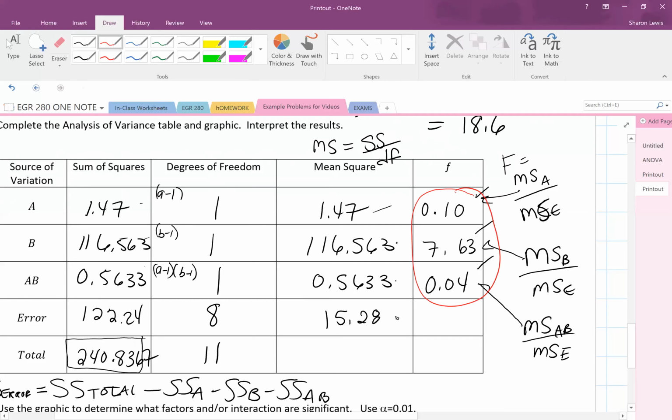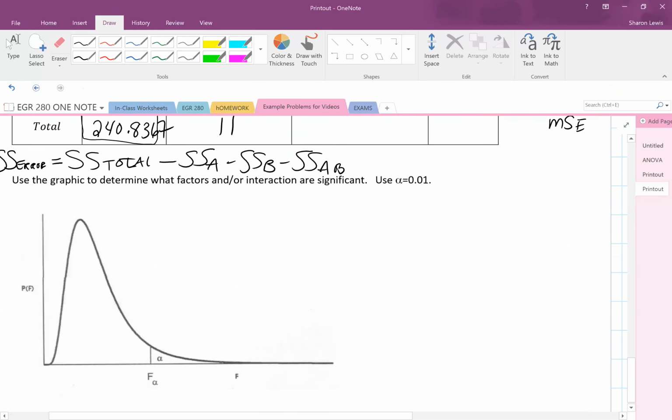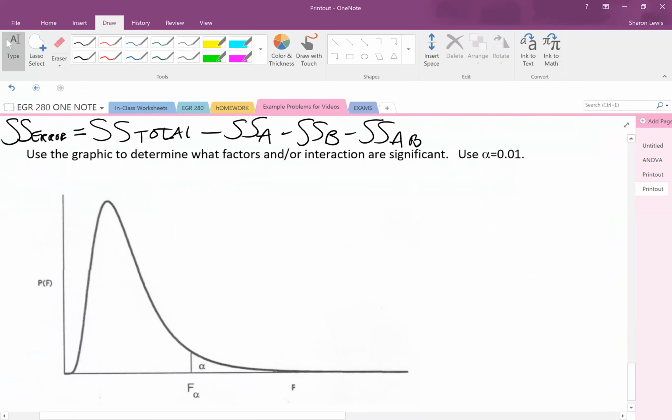All right. Now, these, remember, are position data. So we have to go to our null hypothesis and recall that for the null, we essentially have 3 of them, one for each, for A, for B, and for AB. Essentially it says the factor is insignificant, or you can even say the coefficient for A, which would have been, I think, B1, is equal to 0.